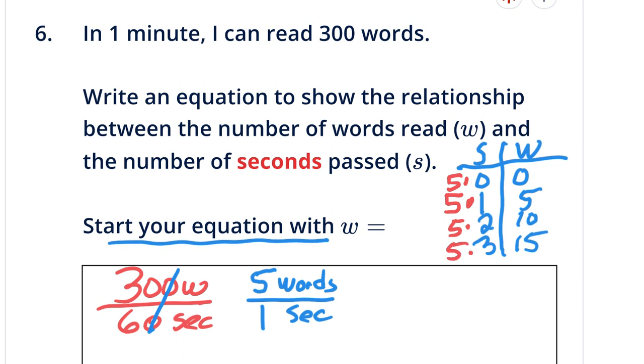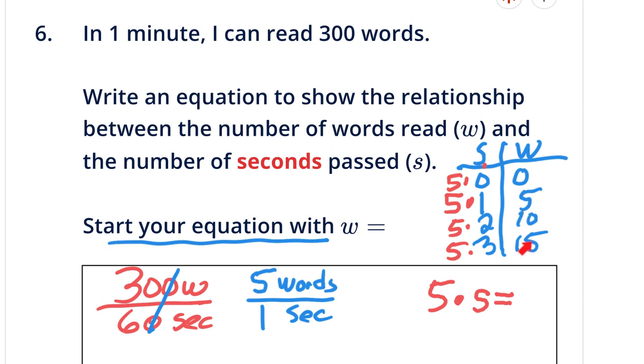Mrs. Mack always said, okay, what are you doing each time? Write that in your equation. And I was multiplying by 5. Now Mrs. Mack said, go back and put in variables and an equal sign. Well, I multiplied 5 to all of these numbers in the S column, so I am going to write an S, and my S's sometimes look like 5s, I'm sorry. Then an equation has an equal sign, and Mrs. Mack said, use variables.